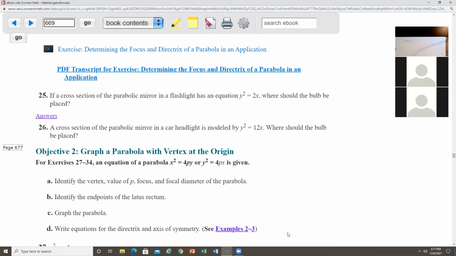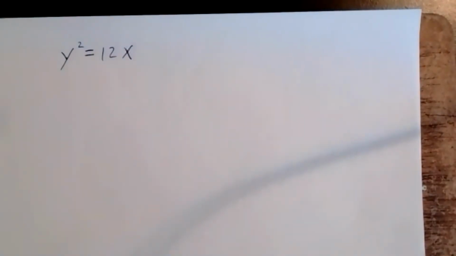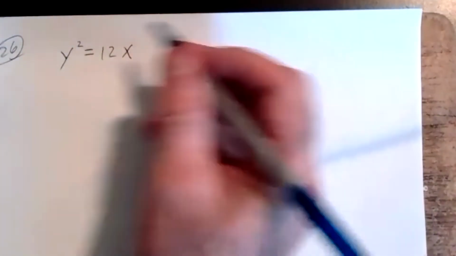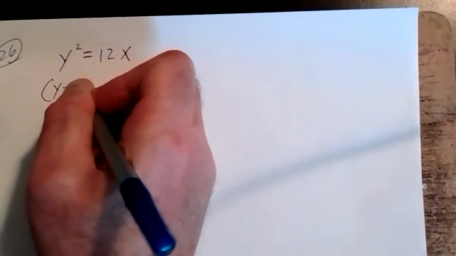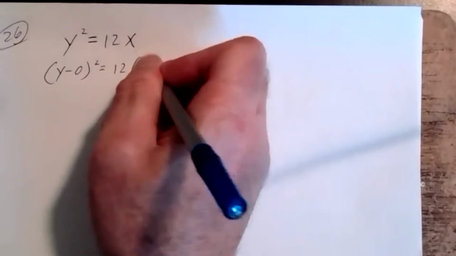Well, I have a question for you. What kind of a parabola is this going to be? Up, down variety or right, left? Right, left. And it would be y minus 0 squared is equal to 12 times x minus 0.